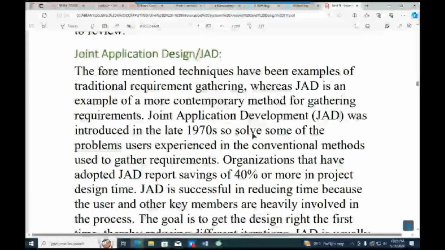Looking at the joint application design, the JAD, it was developed and introduced in the late 1970s so that it could solve some of the problems that users were experiencing with the conventional methods used to gather requirements that I have mentioned.